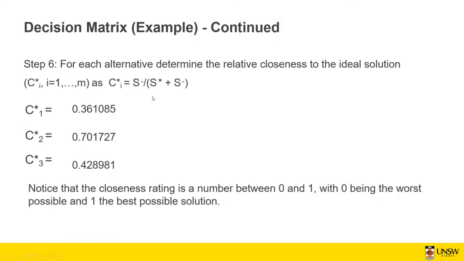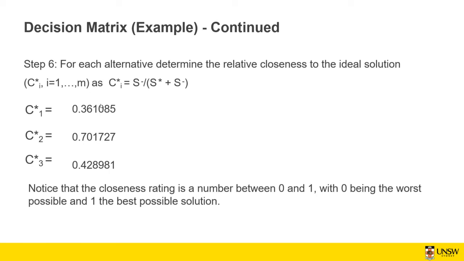So then the next step: for each alternative, you determine the relative closeness to the ideal solution, for C star 1, C star 2, and C star 3, based on how many projects you have. One thing I need to note here is that this C1 star is not related to C1, C2, C3, which are your criteria.